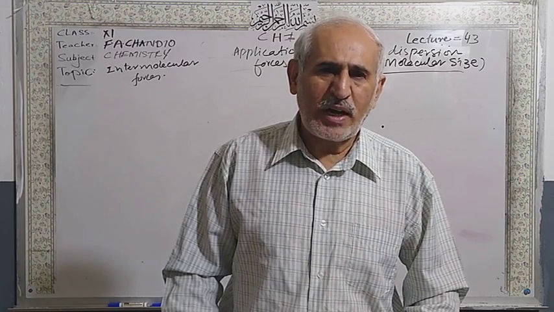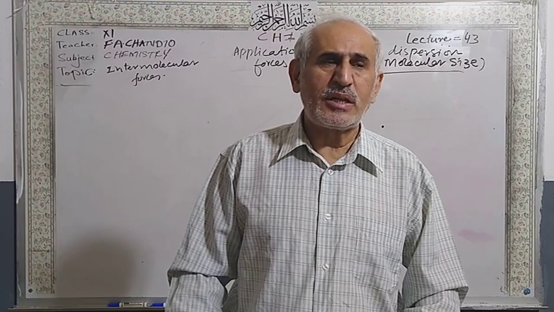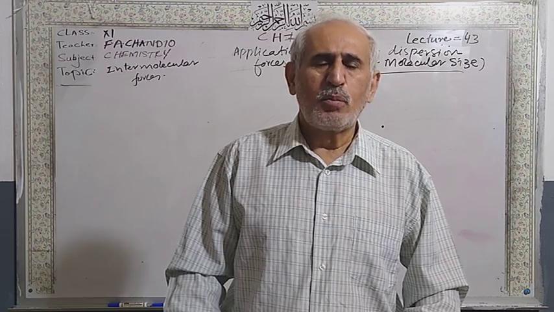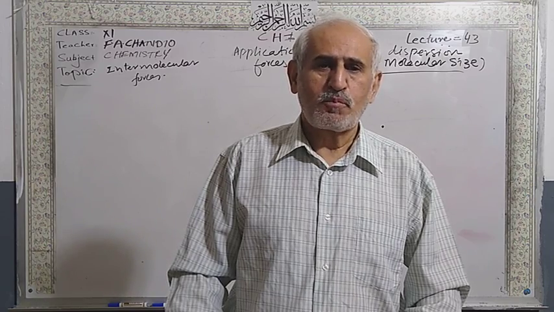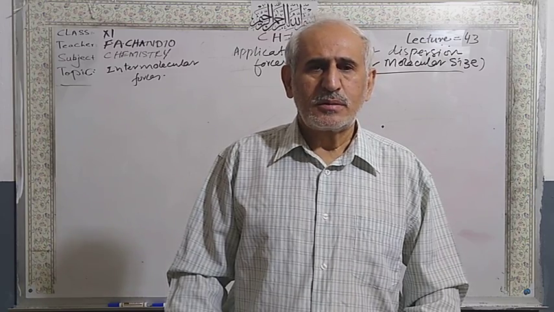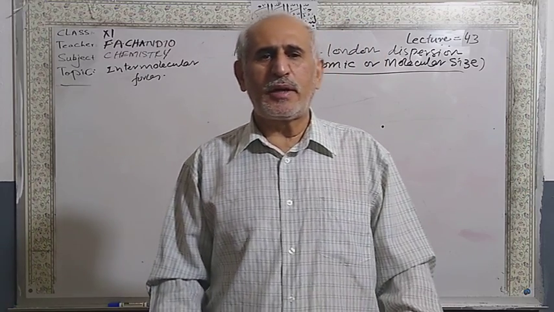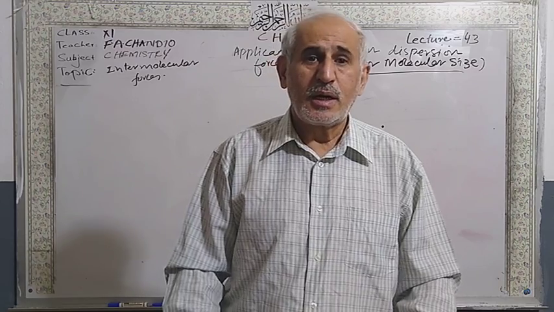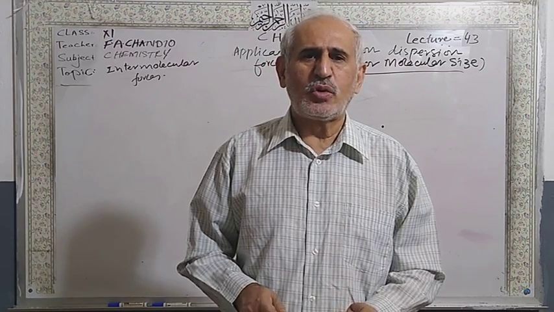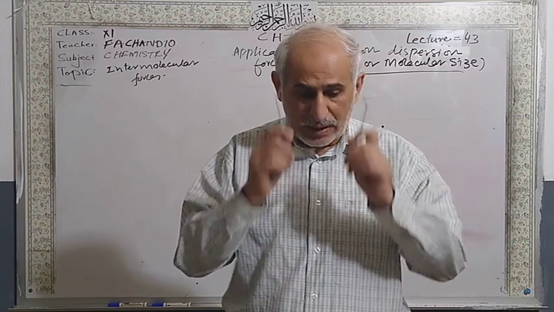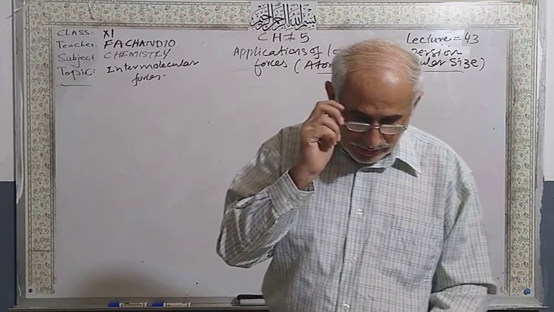If the size of atoms increases, the dispersion forces are more prominent, and thermodynamic properties, like the boiling point of all inert gases, increase regularly as we go down the group. So this is the example of atomic or molecular size.